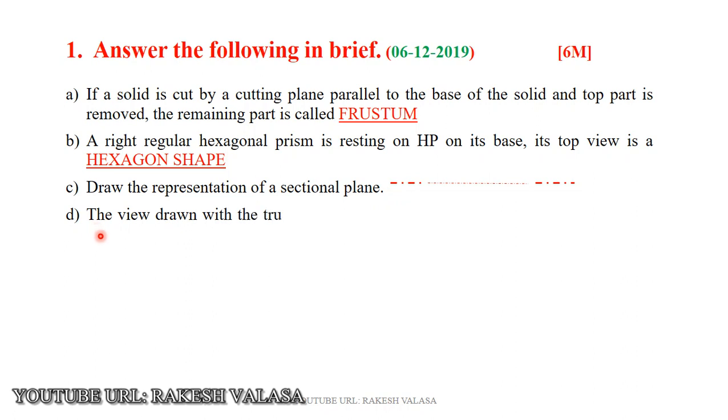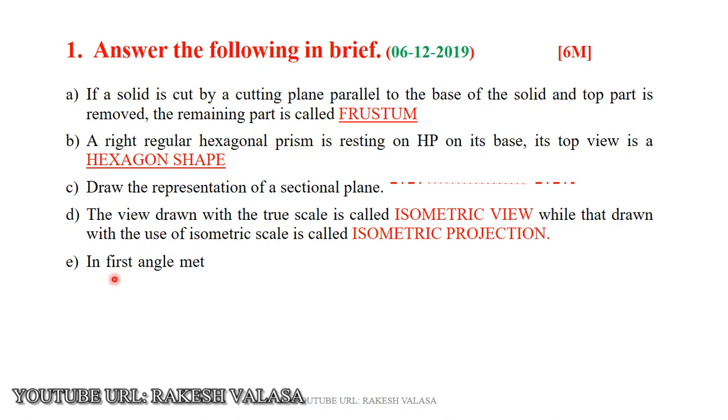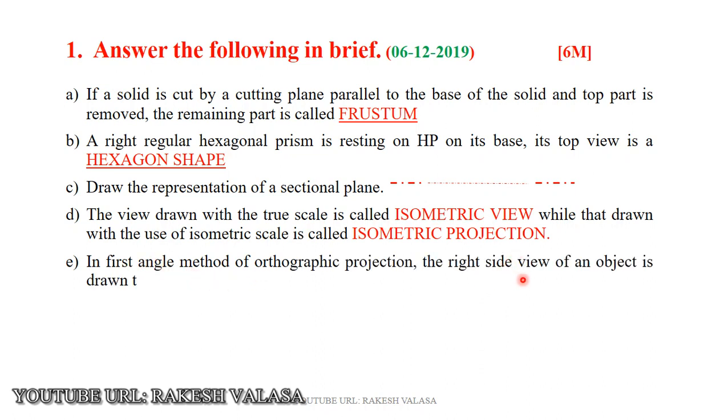Question number D. The view drawn with the true scale is called isometric view, while that drawn with the use of isometric scale is called isometric projection. Question number E. In first angle method of orthographic projection, the right side view of an object is drawn to the left side of the front view.